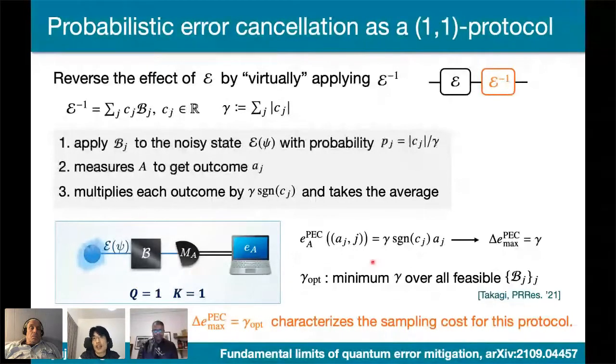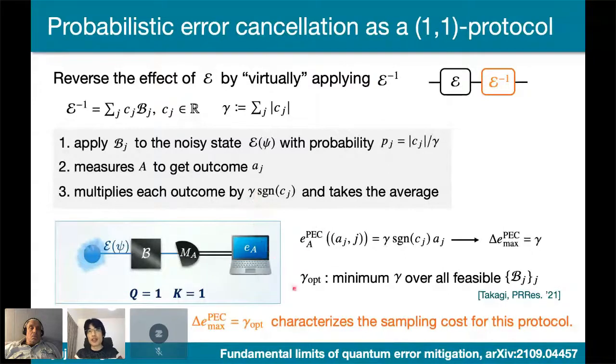In our context, what is the spread of this probabilistic cancellation? This spread is precisely this gamma factor, because I apply this overhead constant gamma, which contributes to broadening your distributions. Then this comes into play in the form of the maximum spread in our framework.